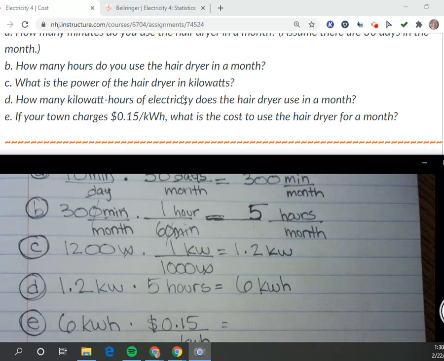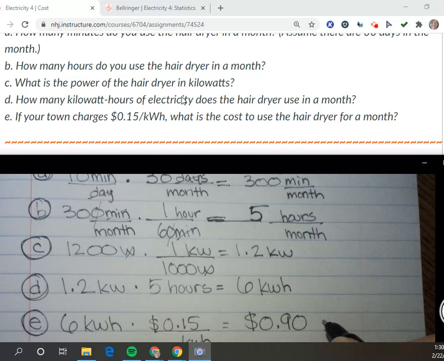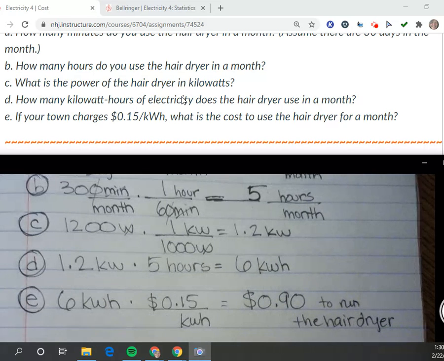Okay, so 90 cents. So you run the hair dryer.